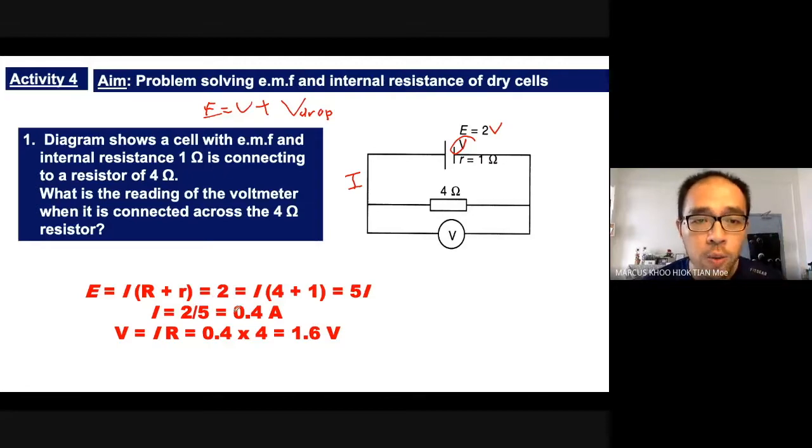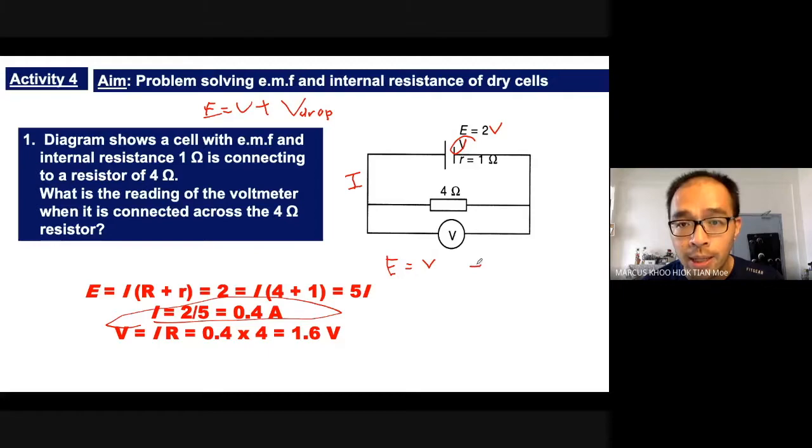Okay, another way that you can calculate this, kalau kamu mau guna cara yang saya mengajar yesterday in the class, okay, yesterday I taught you that E, the electromotive force, equals to the voltage, Ohm's law, plus the voltage drop. E is 2, the voltage we don't know lah, but we know that it is 4 times I, according to Ohm's law.